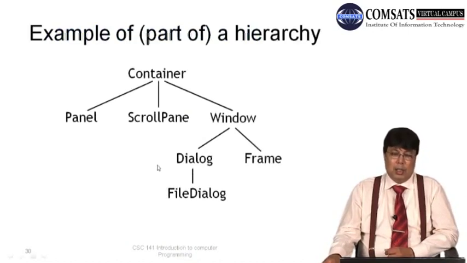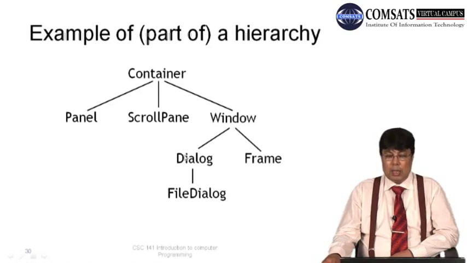For example, you have a class Container. Then you can have subclasses Panel, ScrollPanel, and Window. Okay? So you can say that Container is the superclass of Window. ScrollPanel is a subclass of Container, and Container is the superclass of ScrollPanel.